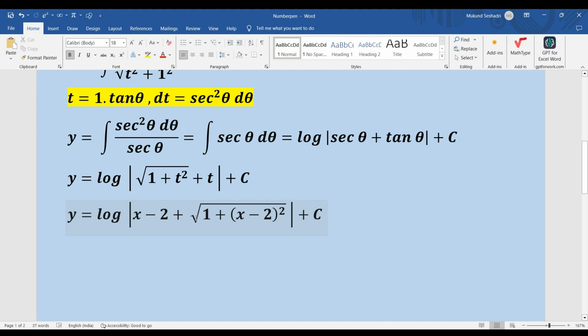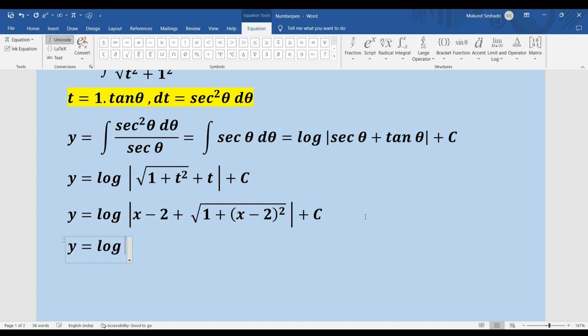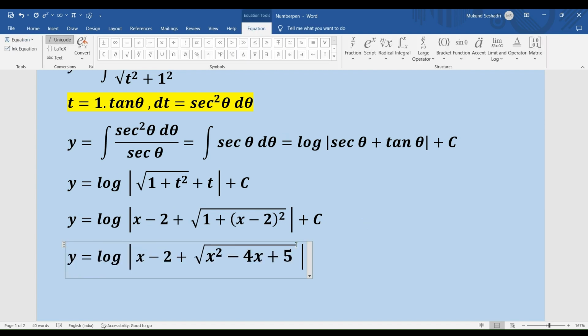And in case you want, you can definitely expand x minus 2 the whole square and then rewrite your answer. It does not change the answer in any way. So let's do that as well. So there we have log of mod of x minus 2 plus square root of x square minus 4x plus 5, all within the log plus my constant c.